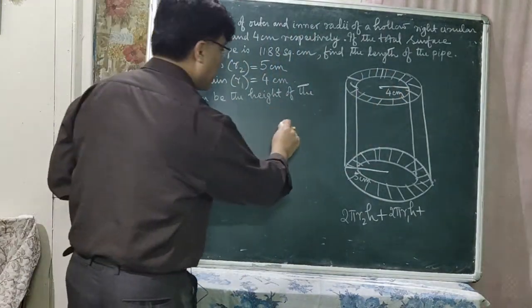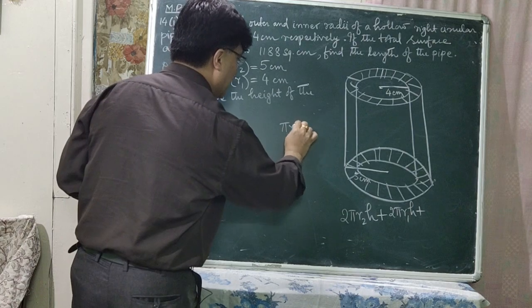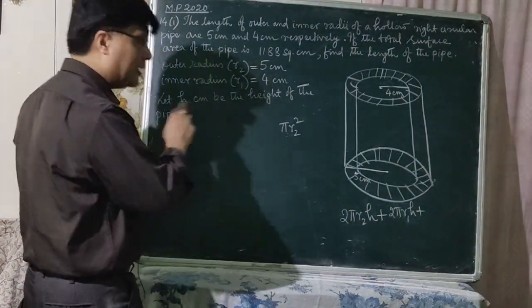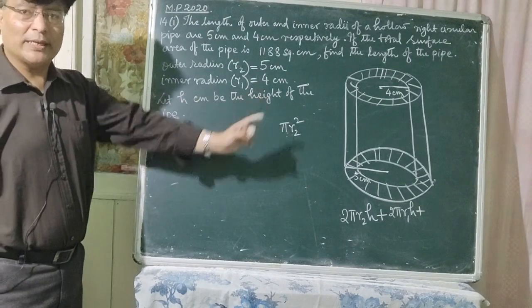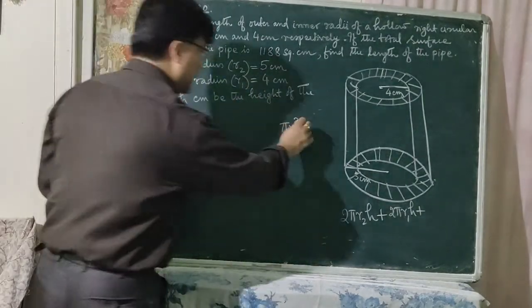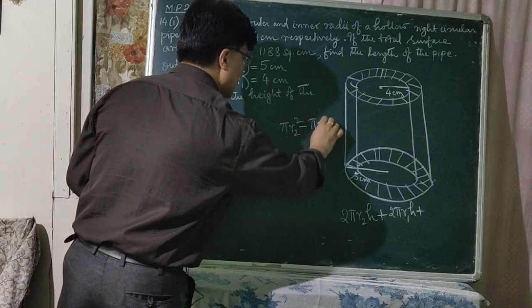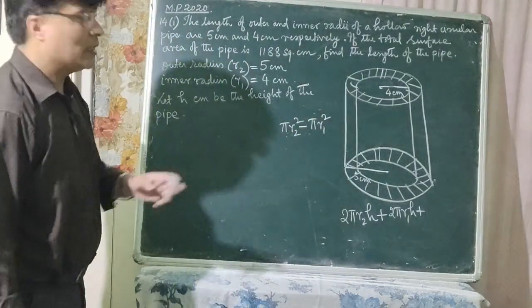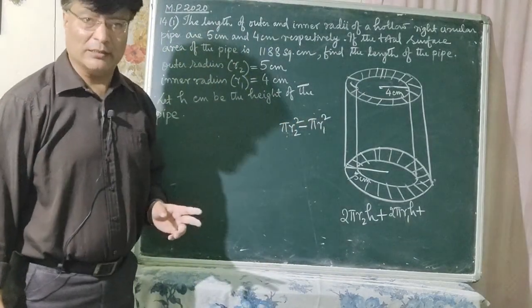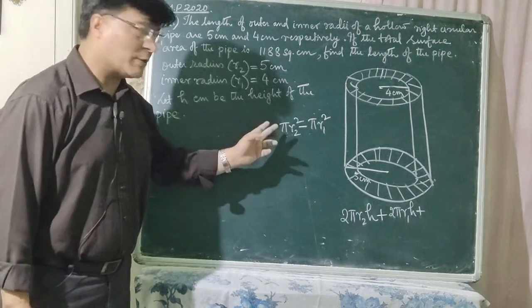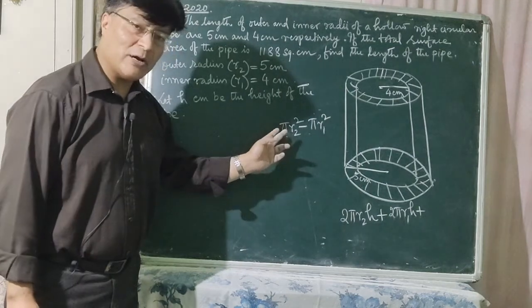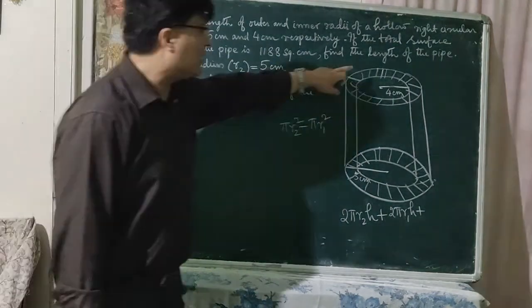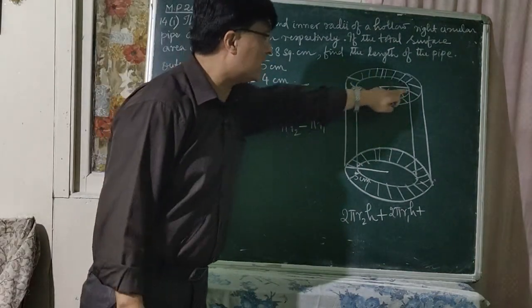That is, you can have pi R2 square as the area of the outer circle, minus pi R1 square, that is the area of the inner circle. So if you subtract the area of the inner circle from the area of the outer circle, you can get the area of this shaded portion.